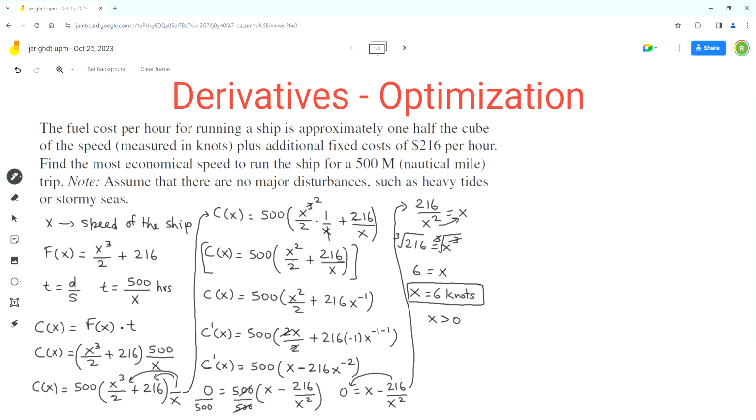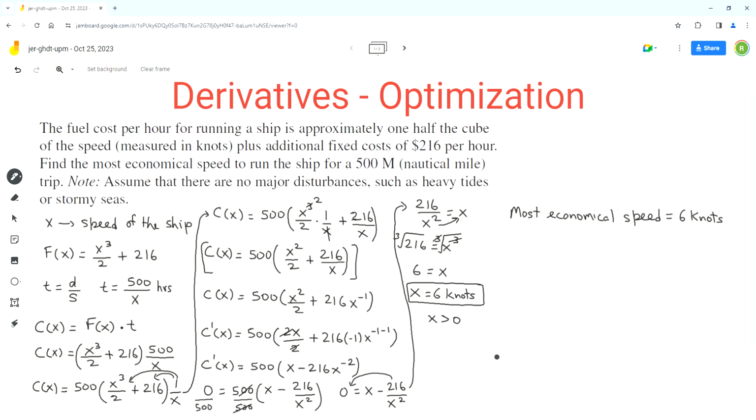So that means we can summarize our answer as, so most economical speed is equal to 6 knots. So this should be the final answer for this problem.